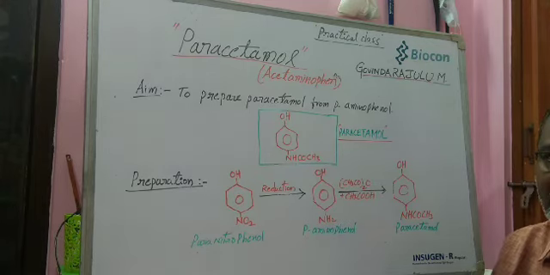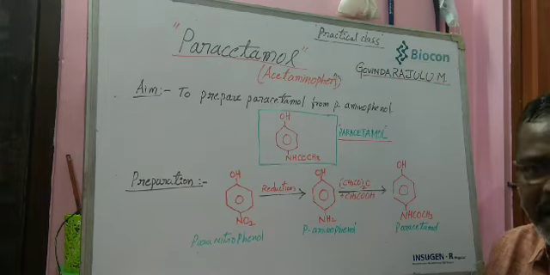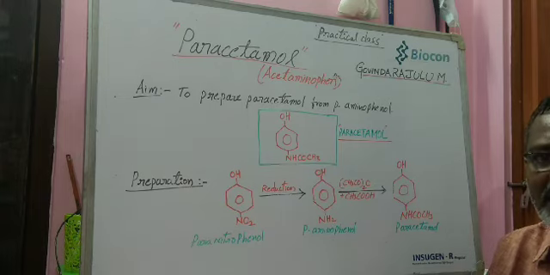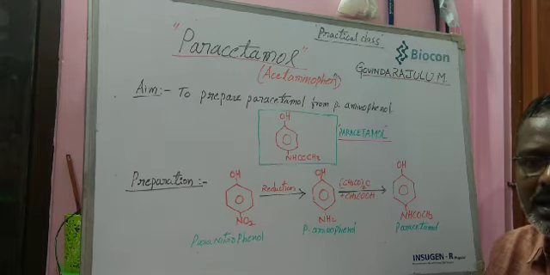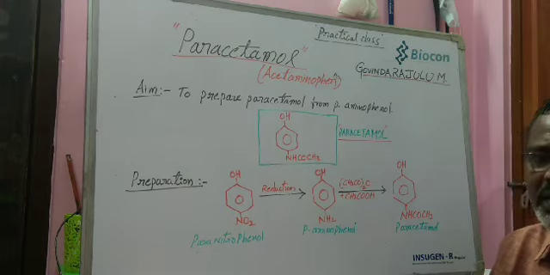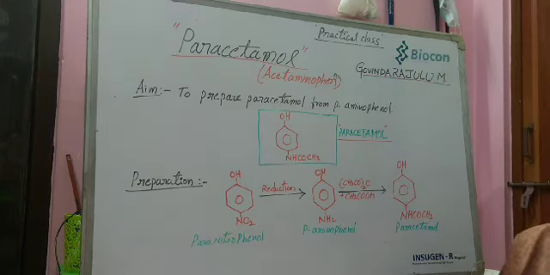How to prepare phenyl-azo-beta-naphthol? By diazotization reaction. We have already discussed these, but we started the revision from paracetamol preparation.